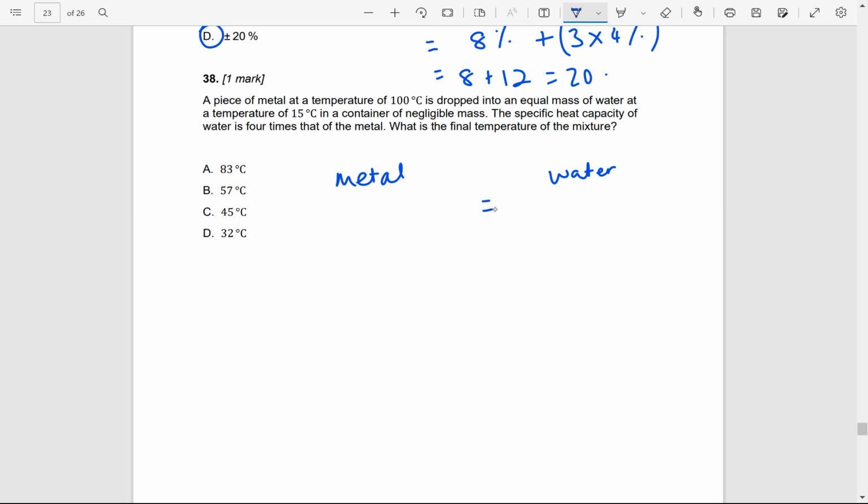We know that the energy supplied by the very hot metal is going to go into the water, until it reaches equilibrium.